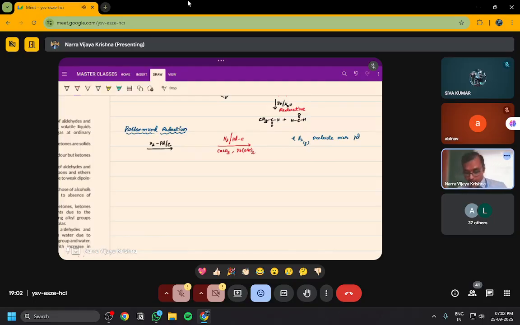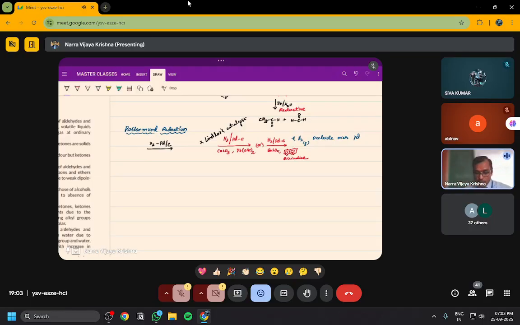Or I can take hydrogen in presence of palladized carbon, in presence of barium sulfate and quinoline. What is quinoline? This is called quinoline. Both are the same. We call this reagent Lindlar's catalyst.